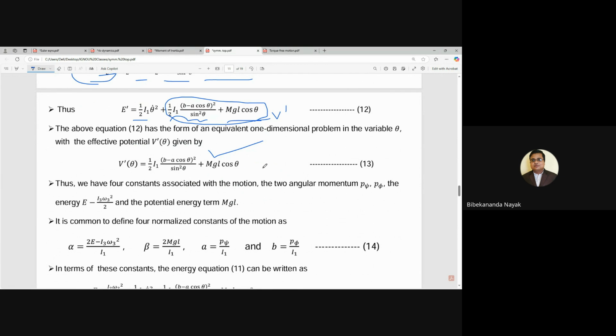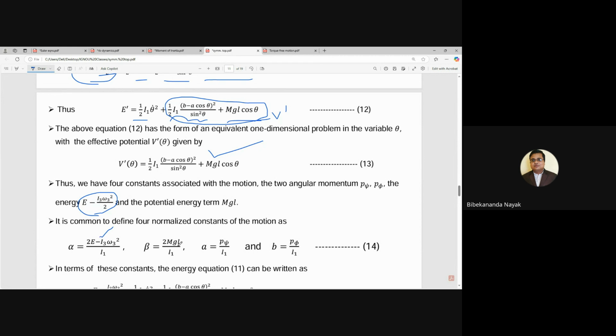Thus we now have many constants we can define. We have a constant, E minus I3 omega 3 square over 2. We can set it as alpha. Taking the LCM, 2E minus I3 omega 3 square, divided by 2. Two is a constant, so we leave that as 2E minus I3 omega 3 square. But I1 alpha is equal to this. So alpha is equal to this one, a constant.